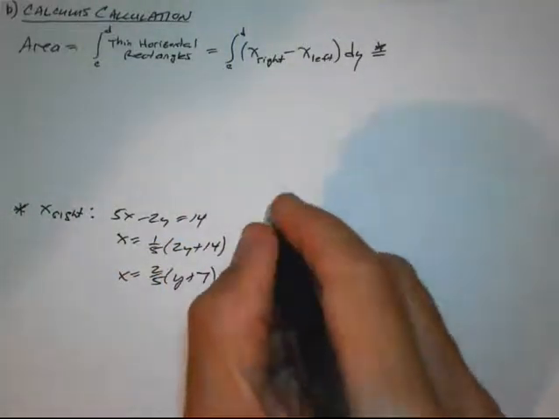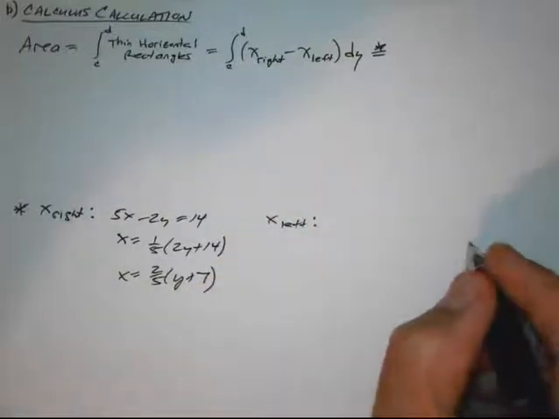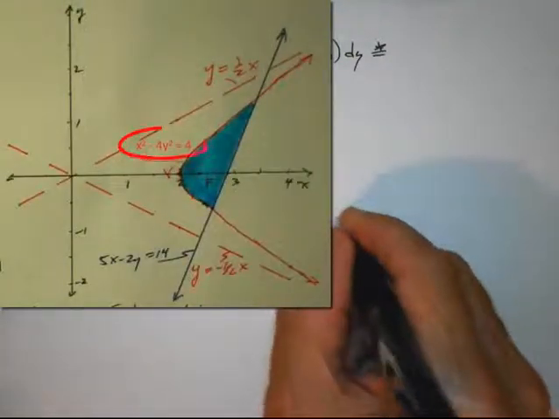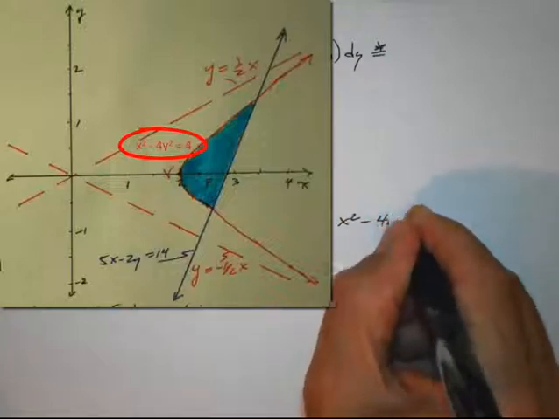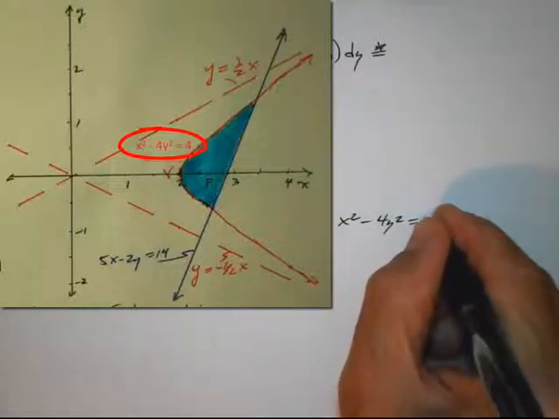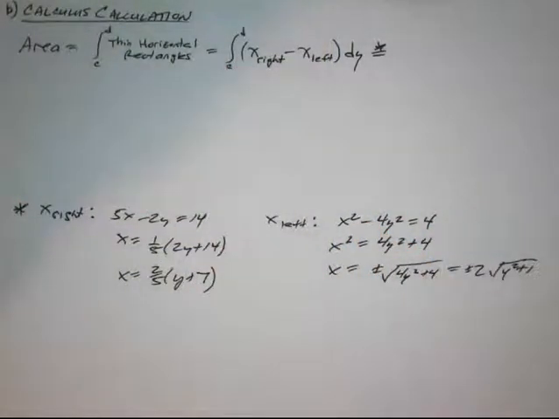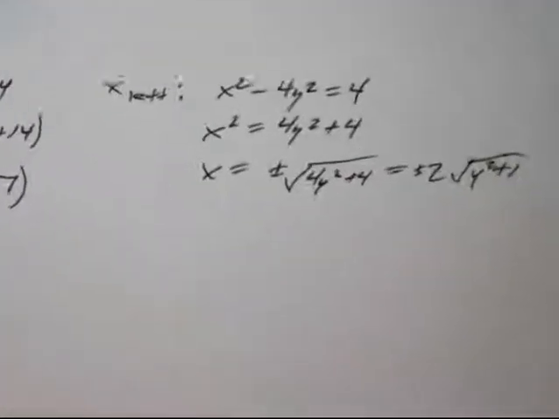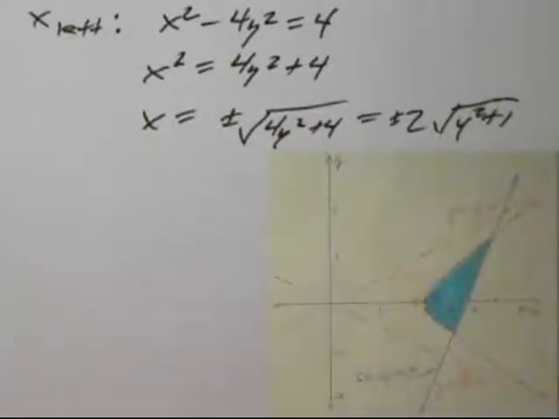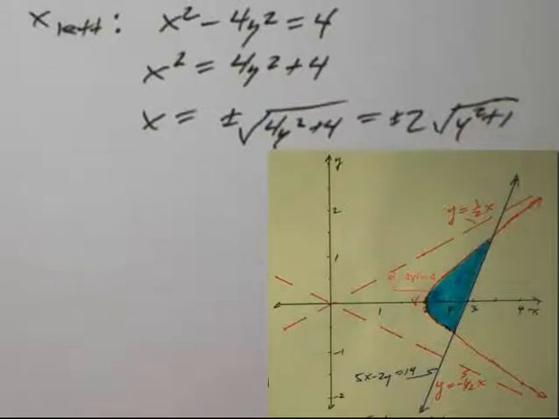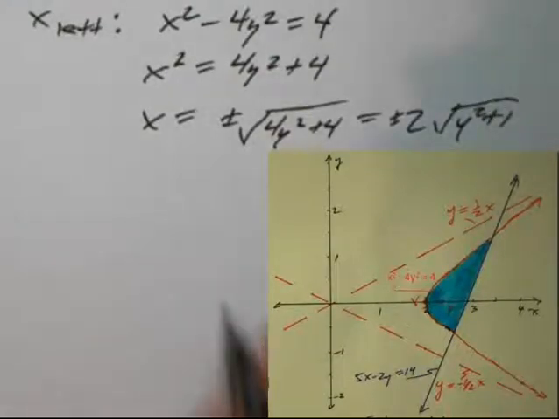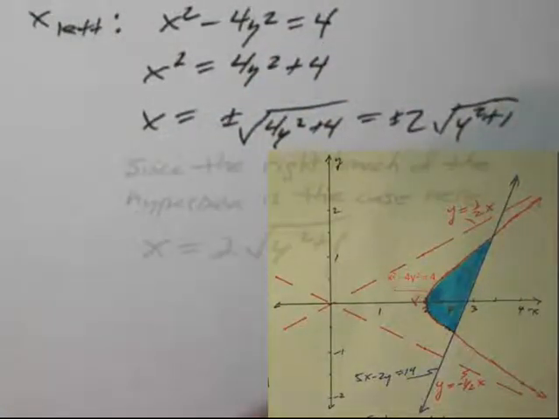And the x left is determined by the red curve, whose equation is given here, solving this one for x. So initially we have the two formulations for x here. Graphically, we are looking for the right branch of this hyperbola, and in this case, the right branch has x's which are positive. So that leads us to x being only equal to the positive version of this.